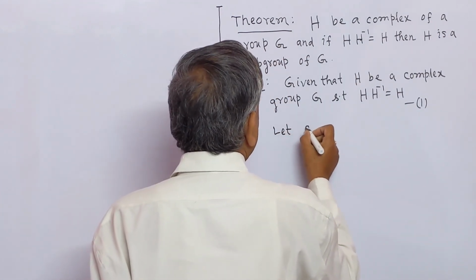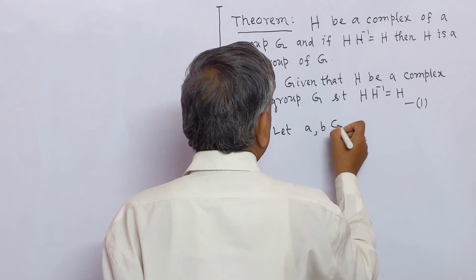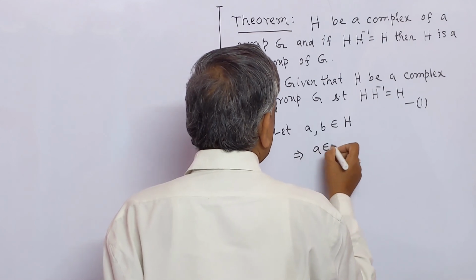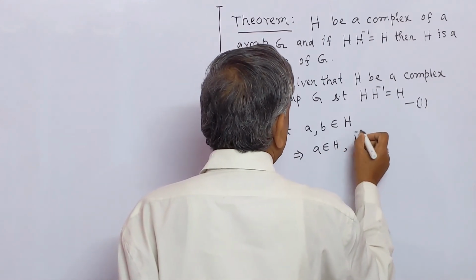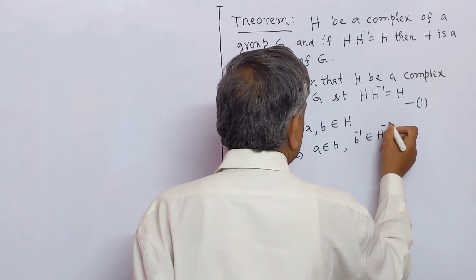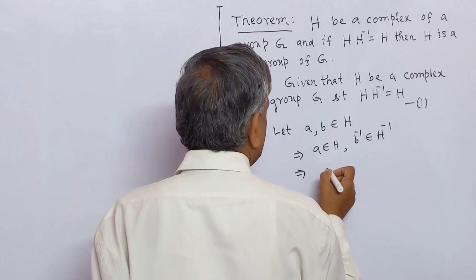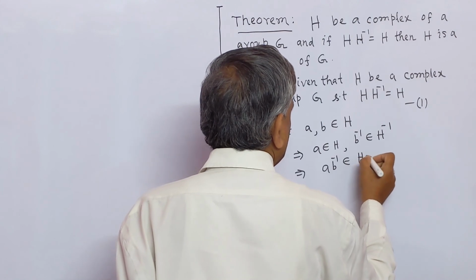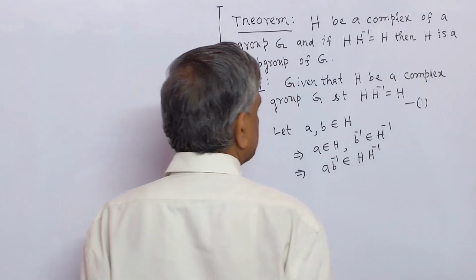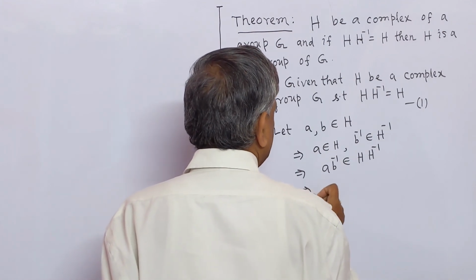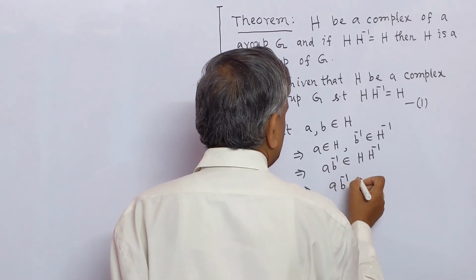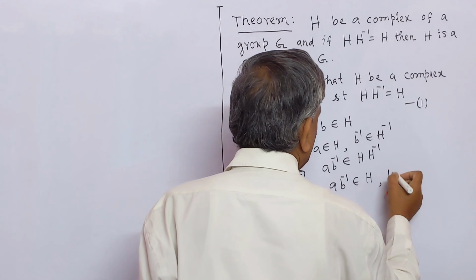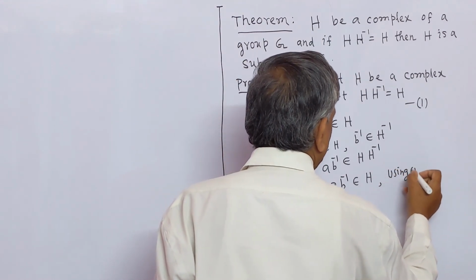Let small a, small b belong to H, implies that a belongs to H, b inverse belongs to H inverse, implies that ab inverse belongs to H inverse, implies that ab inverse belongs to H inverse equal to H, using 1.